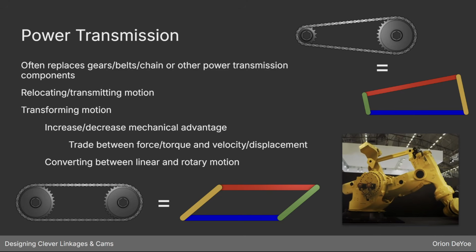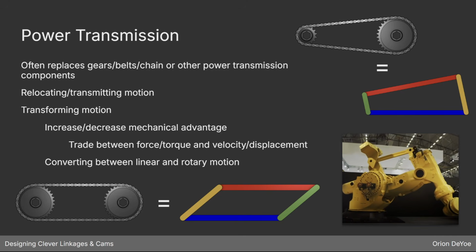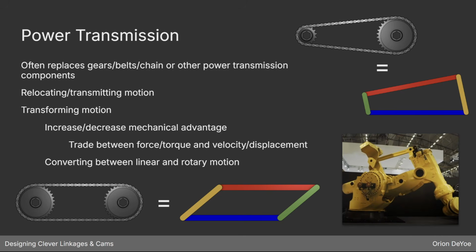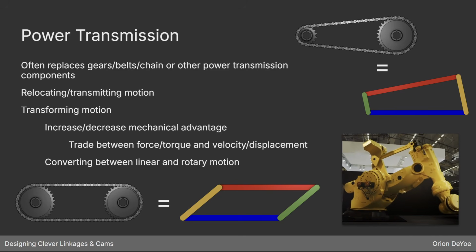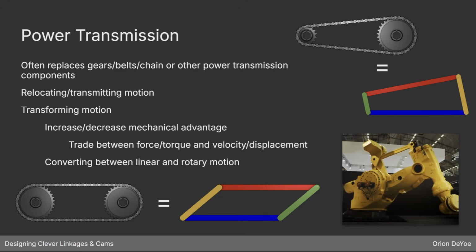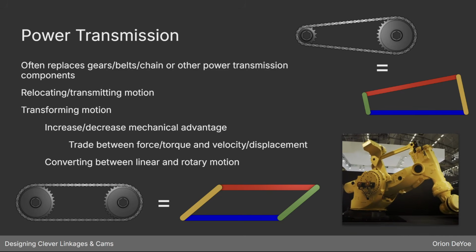They're used for moving power from one place to another. They're used for transforming motion in terms of gaining a mechanical advantage and increasing speed or displacement and decreasing force or vice versa. And then you can also use them for converting between linear and rotary motion.